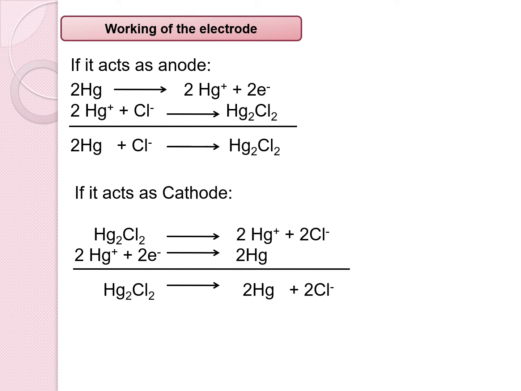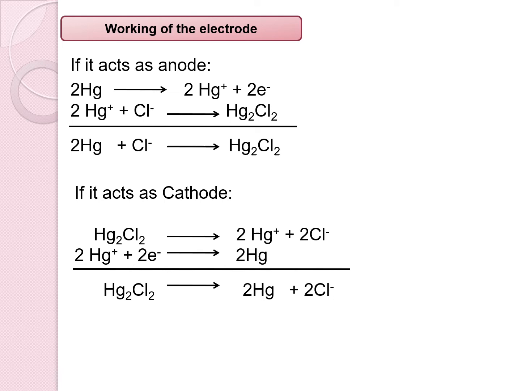Cl minus ions are present in this calomel electrode from the source of KCl, and then what will happen is that this Hg plus will combine with the chloride ion and form mercurous chloride. Here we can say that when our calomel electrode is acting as an anode, mercury loses electrons and converts to mercurous chloride.